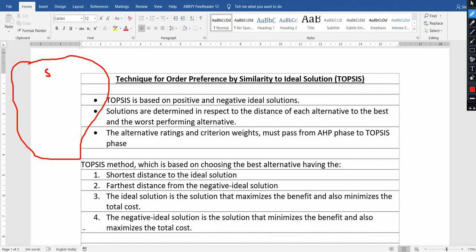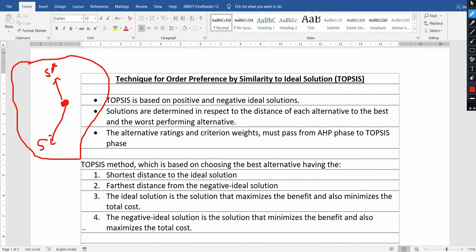Suppose this is the best solution, that is best performing alternative, and this is worst performing alternative. So suppose you have this alternative. So it will calculate the distance from best performing alternative as well as worst performing alternative.